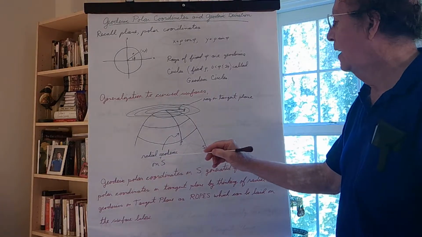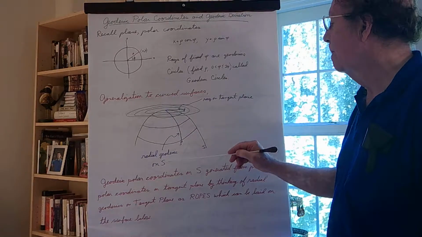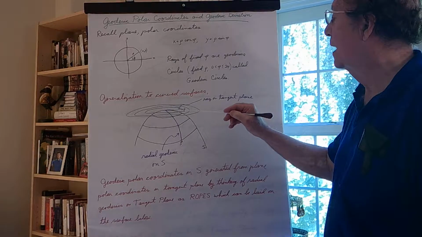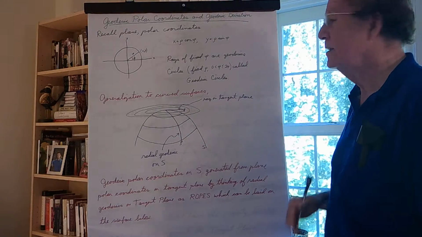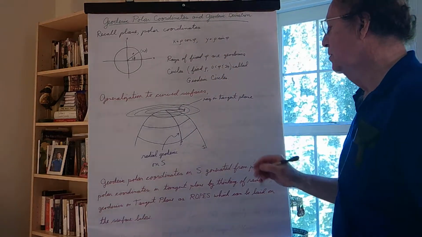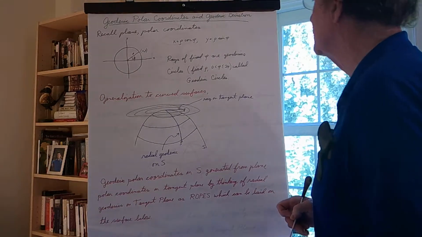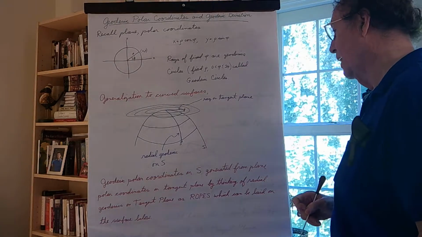So I continue having a radial geodesic on S, and the mapping from the tangent plane to the surface itself preserves the distance. I just take the rope and let it fall onto S, maintaining the geodesic character of the radial when I do that.